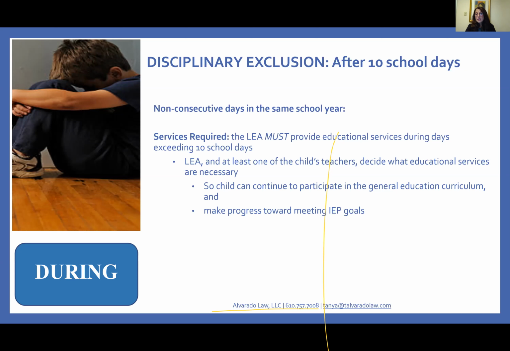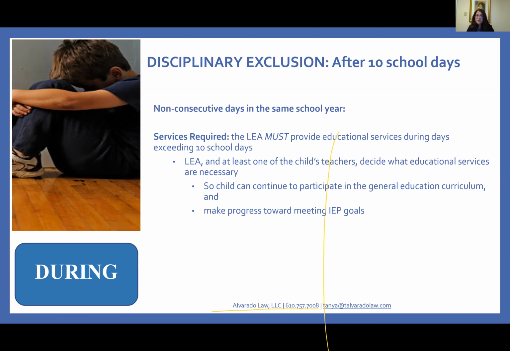They can decide, and that happens after the 10th day of the non-consecutive time frame. What services the child is going to get, and how they are going to continue to help the child make progress towards their goals. Now this is only during those additional days between 10 and 15, where the school district has to do something to make sure that the child is having access to their education.